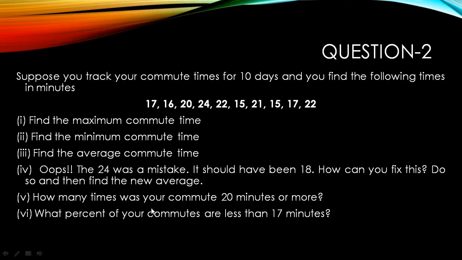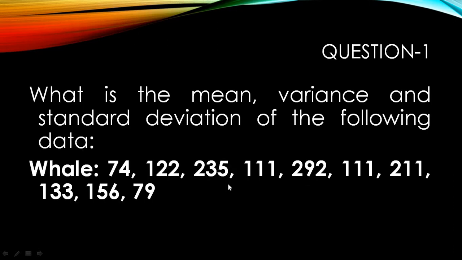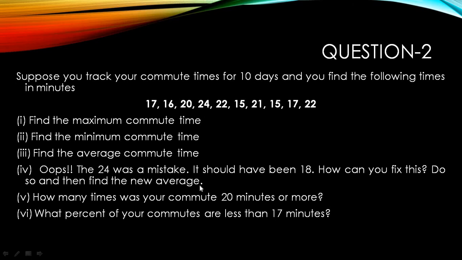How many times was your commute 20 minutes or more? If you recall this, now all greater than some value. Now this is the function that I'm going to use, but if I look into the question carefully, it's asking for commute of 20 minutes or more.